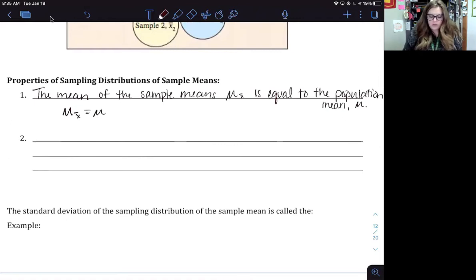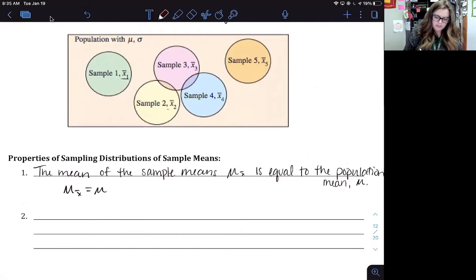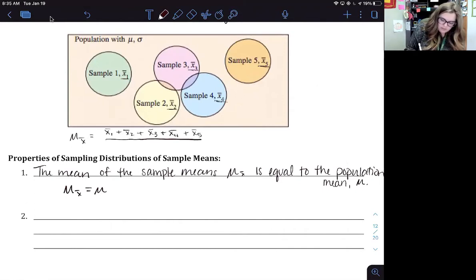What that means is if we were to take each of these means and find the mean of them, here that mu of X bar would equal X bar 1 plus 2 plus 3 plus 4 plus X bar 5, divided by 5. Okay, so the mean of the means.